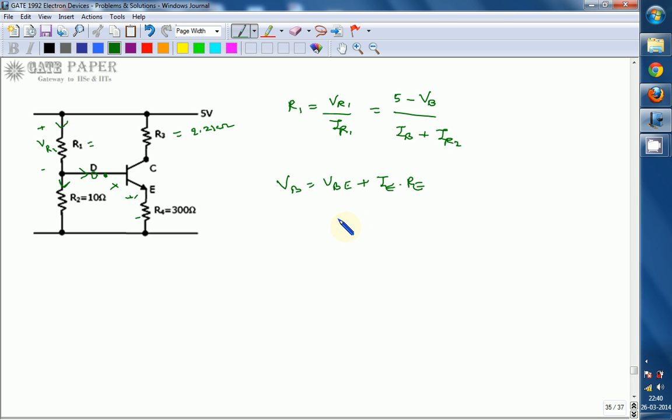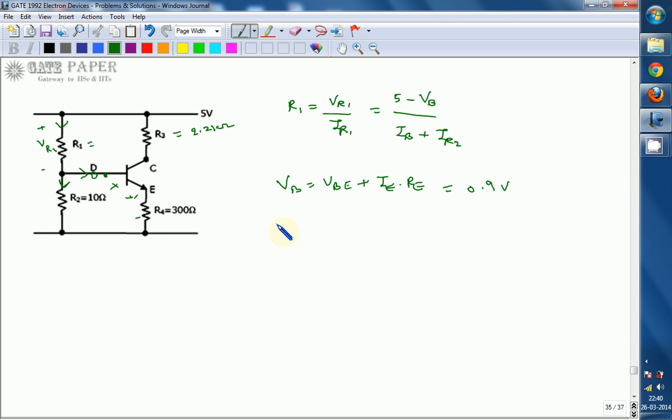RE value is 300 ohms, IE is about 1.01 milliamperes. So this will be equal to 1 into 0.3, plus 0.6. This is around 0.9 volts. So 0.9 volts is the base voltage, that is from base to ground.